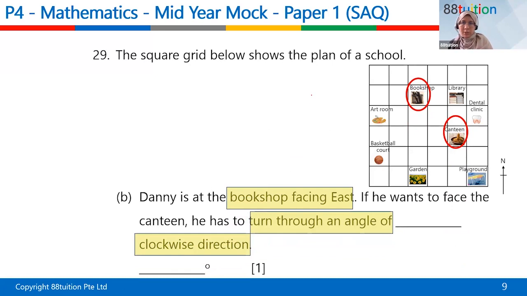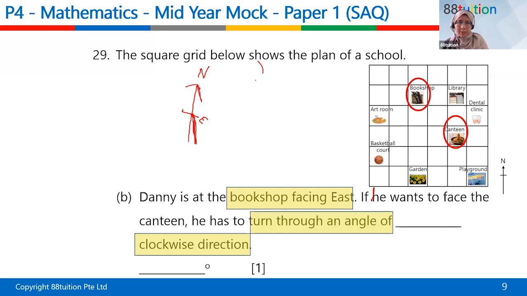Right. So here you have the bookshop. He's here facing the east, meaning I'm going to draw this over here. Where is my cursor? Okay, so north. He's facing east in this direction. Now, do you notice that this is east? Do you notice that the canteen is in this direction, which is, I'm sorry, this is so slanting.